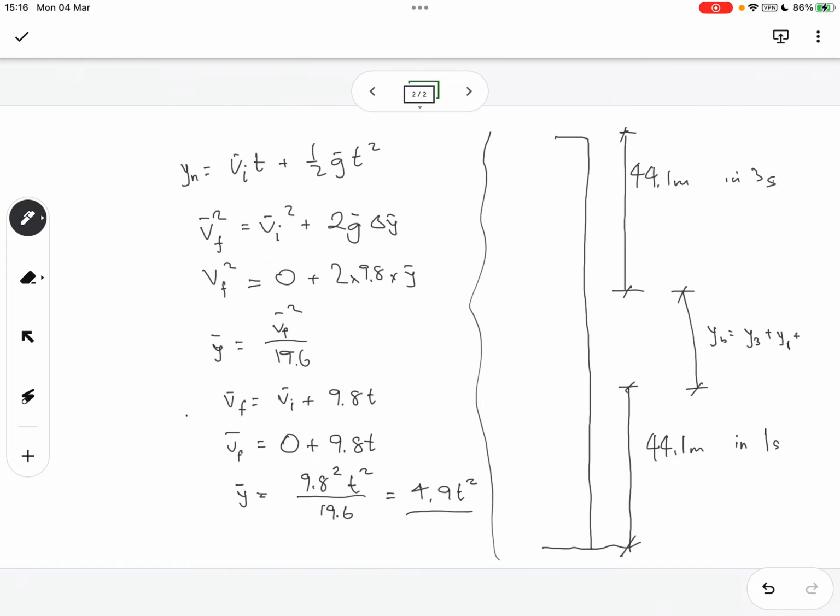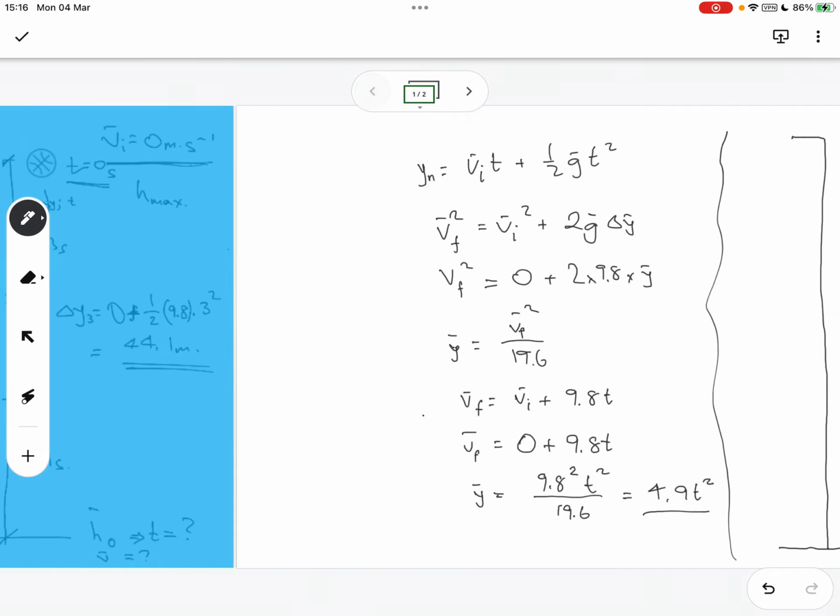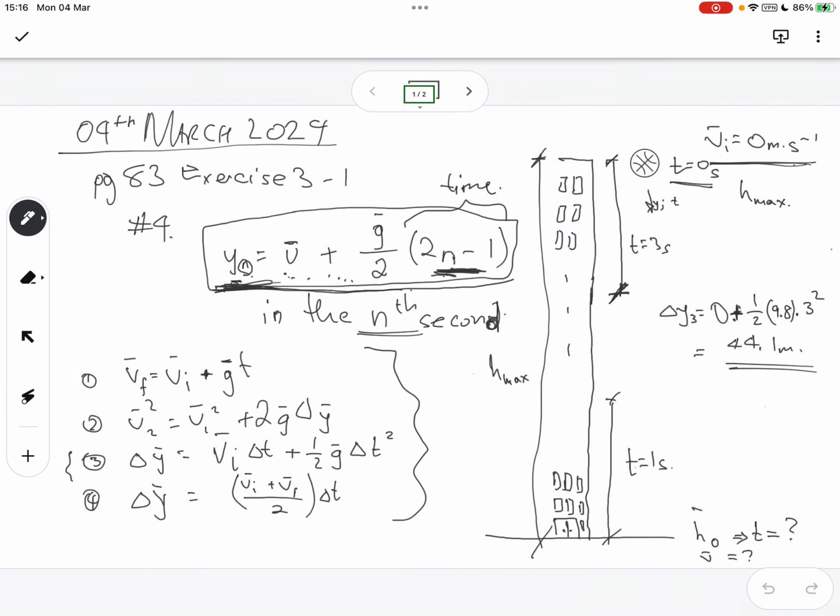That equals the distance in the 3 seconds plus the distance in the last second plus, how do we work out that distance?